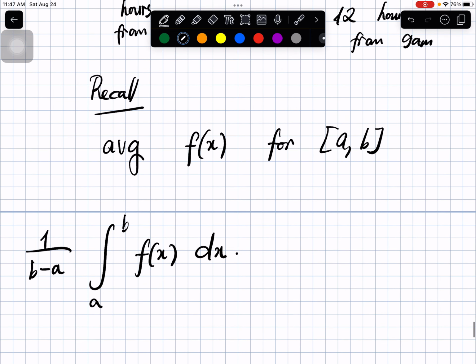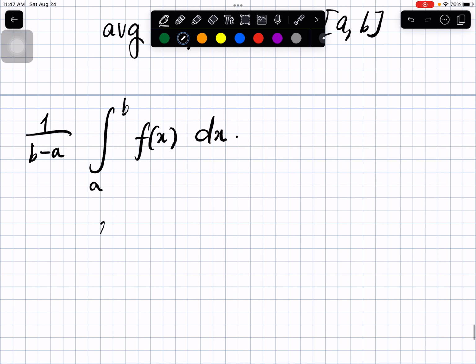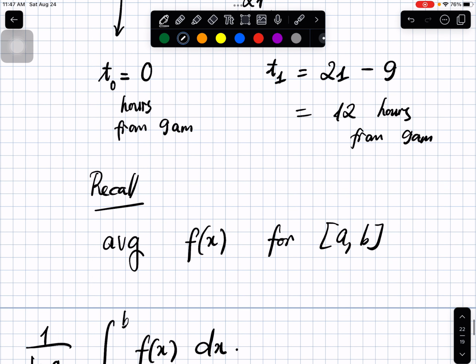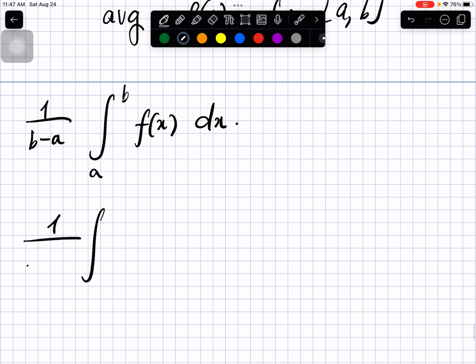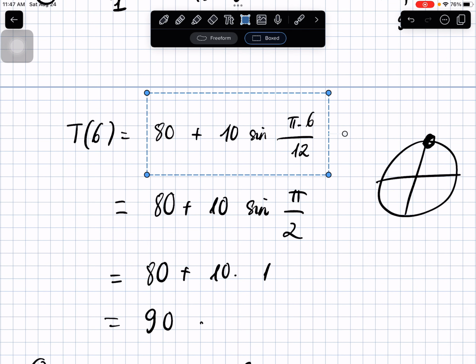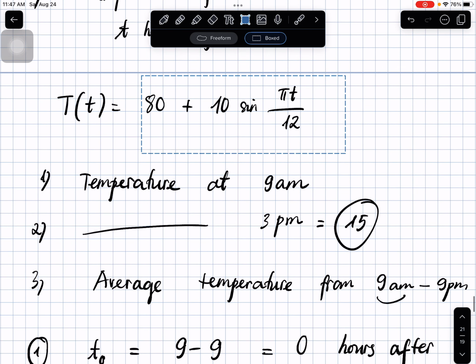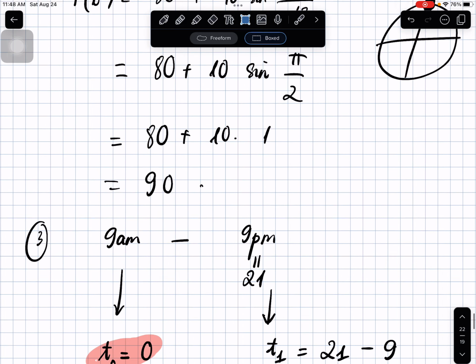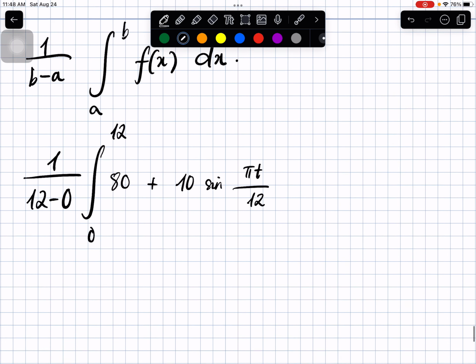That is the formula for the average of a function. Then in our case we have from 0 to 12, so 1 over 12 minus 0 times the integral from 0 to 12 of the function up here, big T of small t, dt.